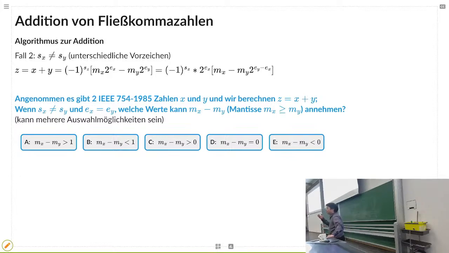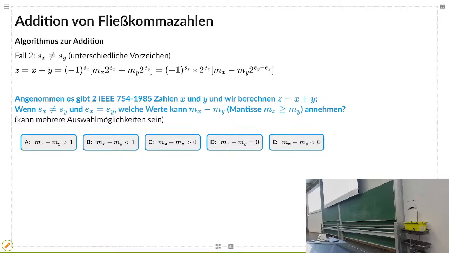Wenn ex gleich ey ist, dann ist es unklar. Aber wenn ex größer als ey ist, dann definiert das ex einfach unser Sign-Bit von sz.